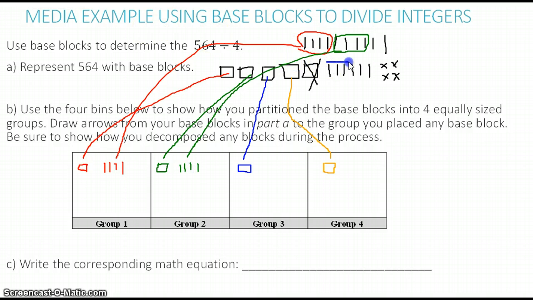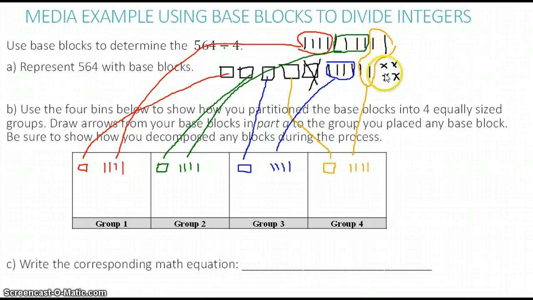And I'll use these 4 for group 3. And finally, these 4 will go to group 4. And there's no rods left over, so we don't need to break a rod into units.